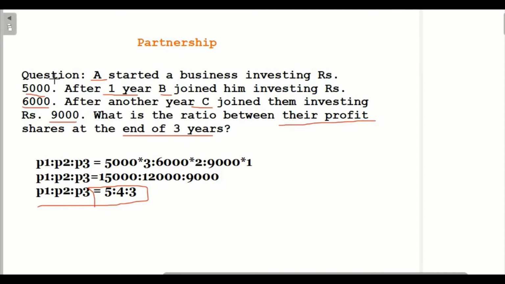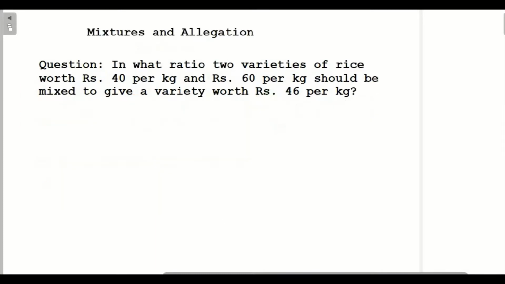First one is A: 5,000 into 3, because he is the person who started before 3 years. Second is B, who joined before 2 years. And the third one is C, who joined before 1 year. So we have to calculate and divide by the common number, that is 3. So 5 is to 4 is to 3 is their share ratio. Shall we go for the next sum?